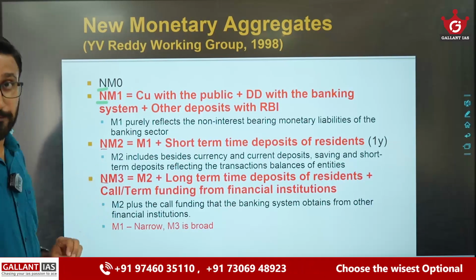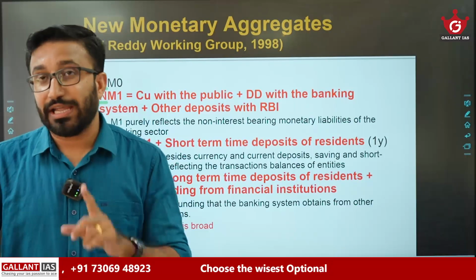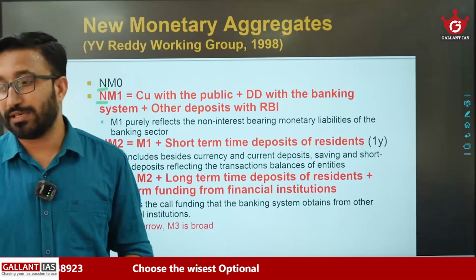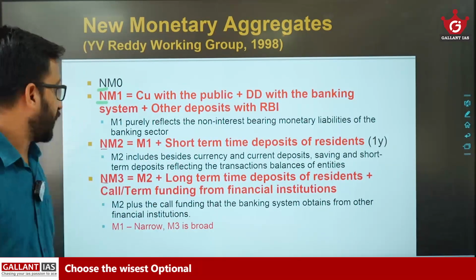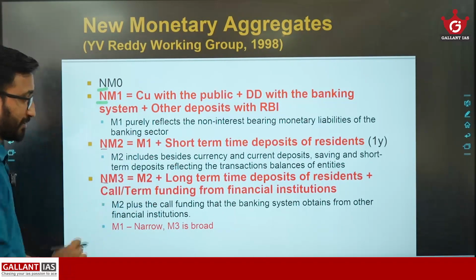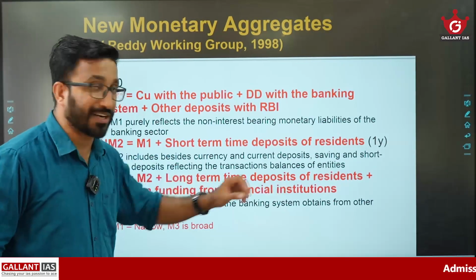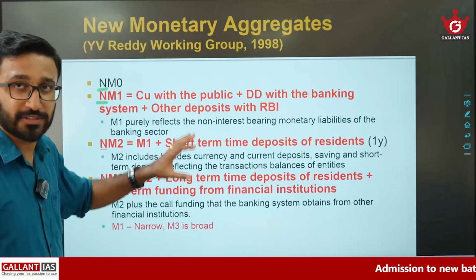And NM3. In the old M3 we have M1 plus net time deposits. When it comes to NM3 we have NM2 plus long-term time deposits of residents. Look at the difference.